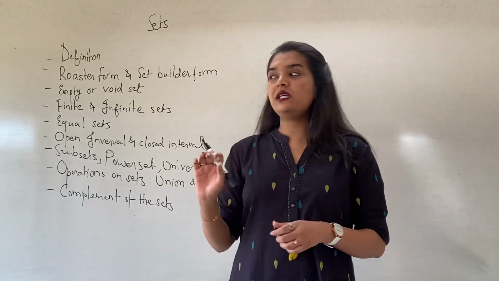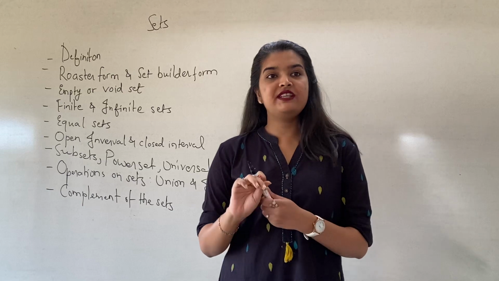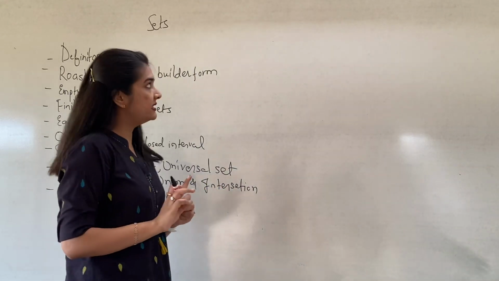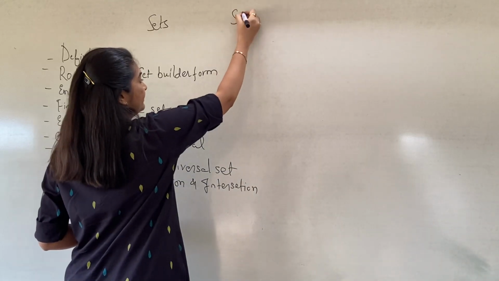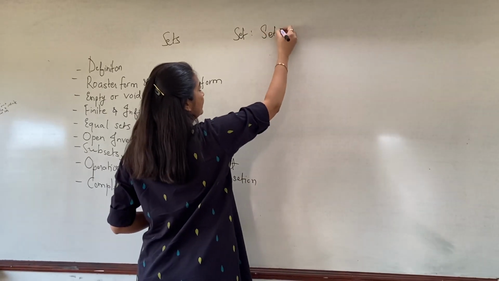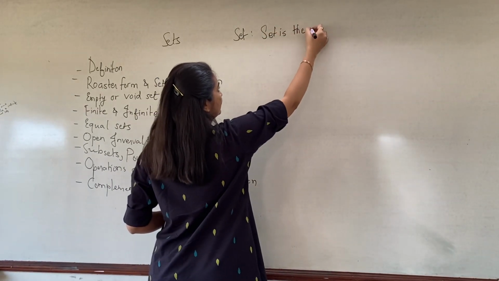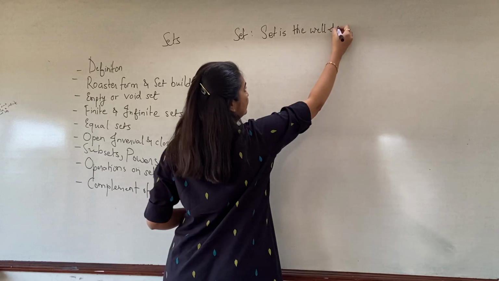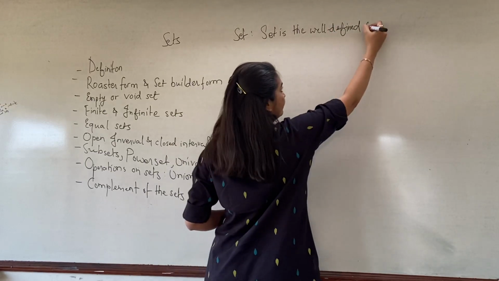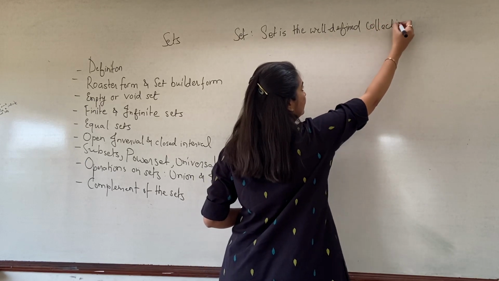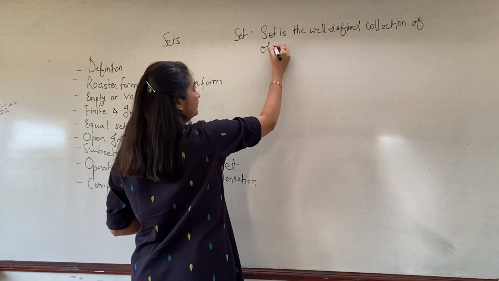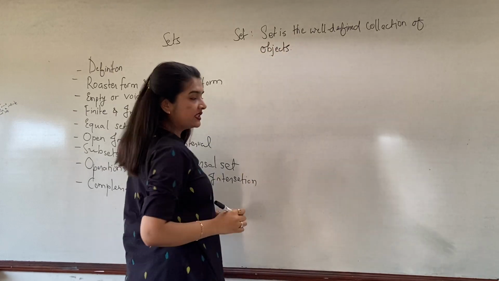Now let us start with the first topic, that is the definition of sets. What do you mean by a set? Now, what is a set? So set is nothing but the well-defined collection of objects.